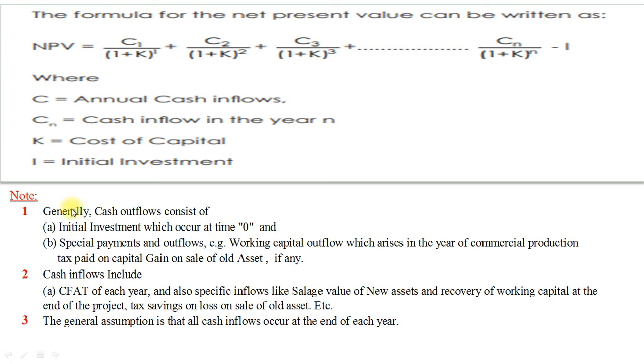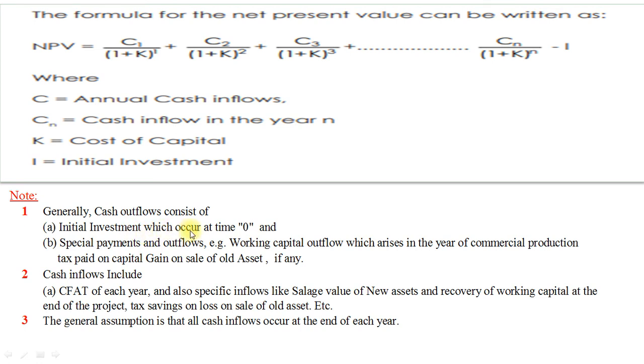Remember these notes while calculating net present value. First, generally cash outflow consists of initial investment, which occurs at time 0. That is the initial investment in the project in the very first year.